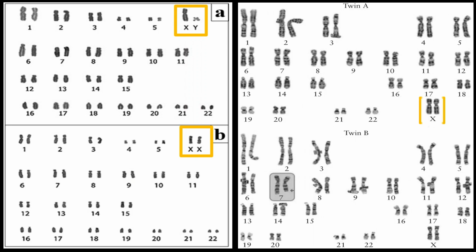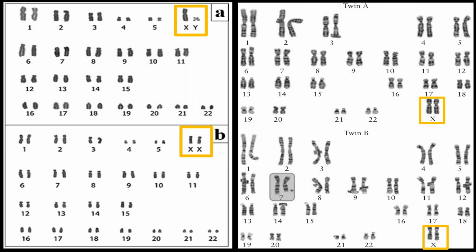So if you check carefully, if you go to position 23, which is labeled X for you, you realize that the chromosomes there are very identical. There are two identical gonosomes there labeled X gonosome. If you check twin B, same thing applies there. And that means both twins have the same gender.